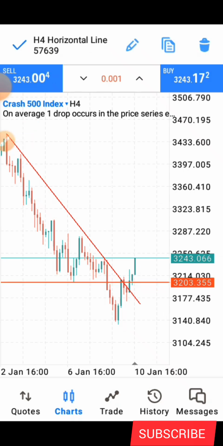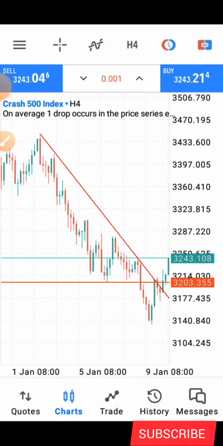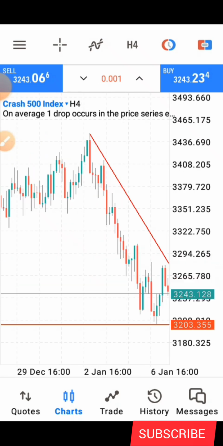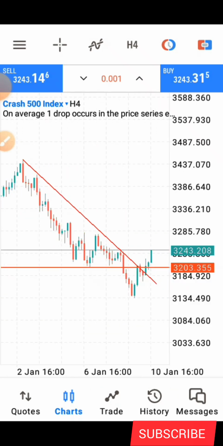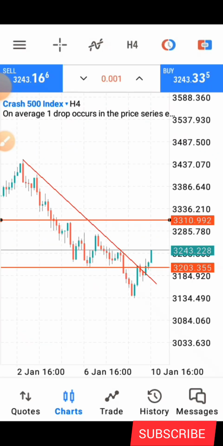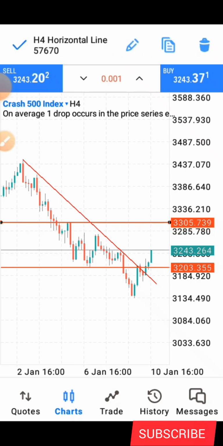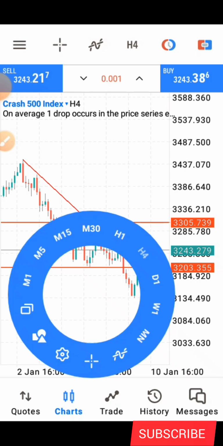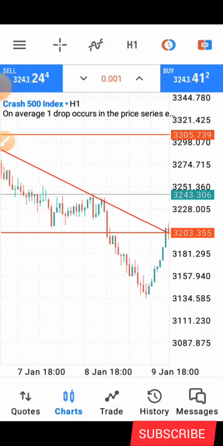Alright, so there was a support here which price broke, and I think there's still another support and resistance zone up here. Right, so let's go to the 1 hour time frame and see what's going on there.